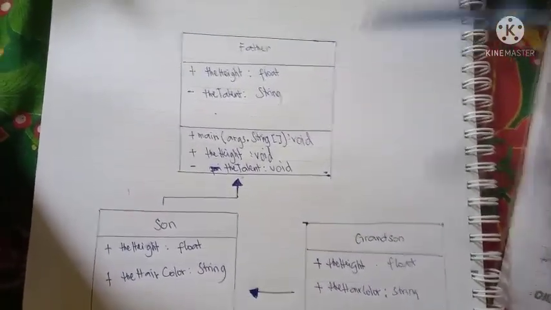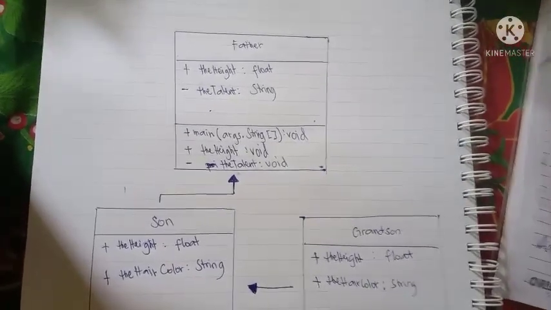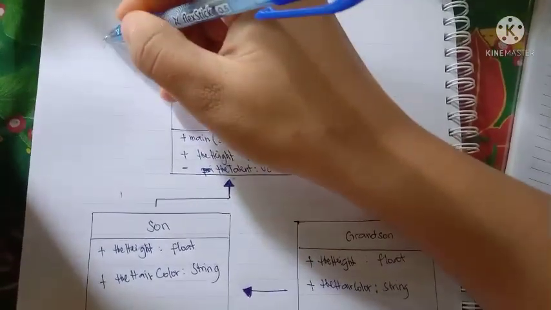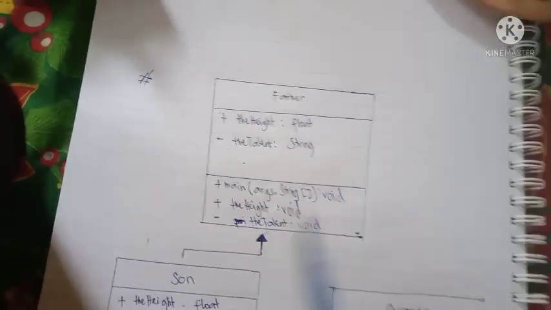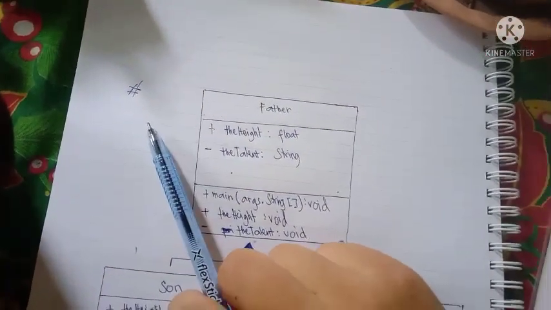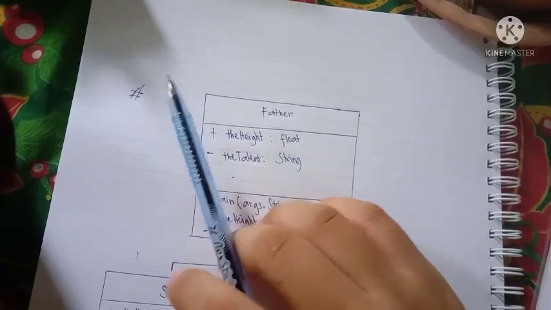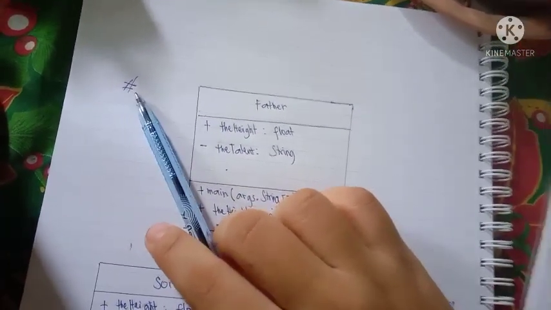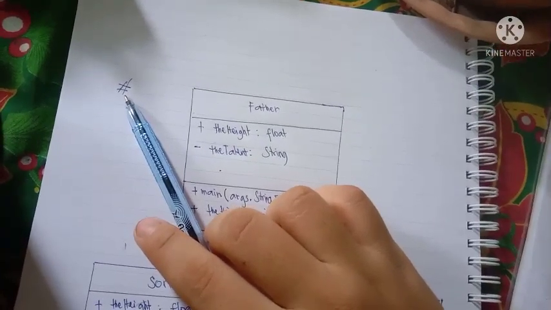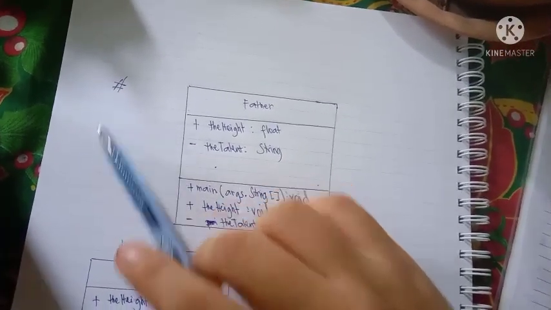If I explain, protected is the hash sign, like a hashtag sign, and it can only be accessed within the same class or its subclass.